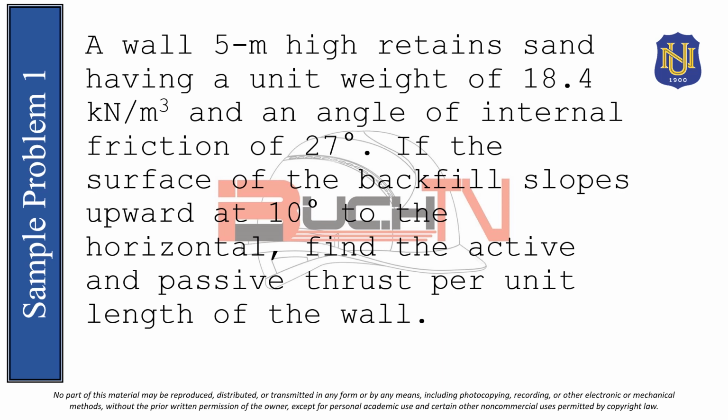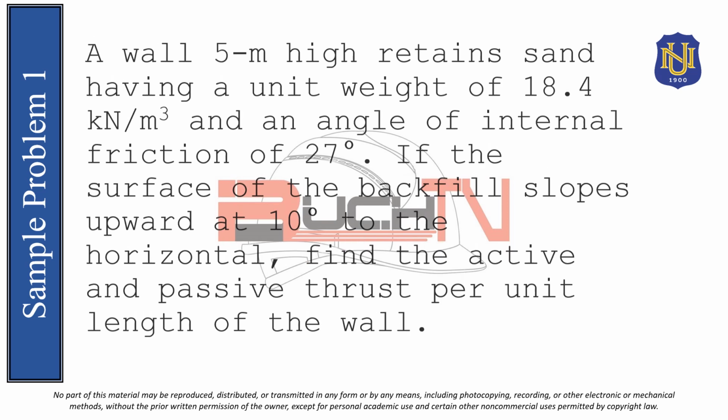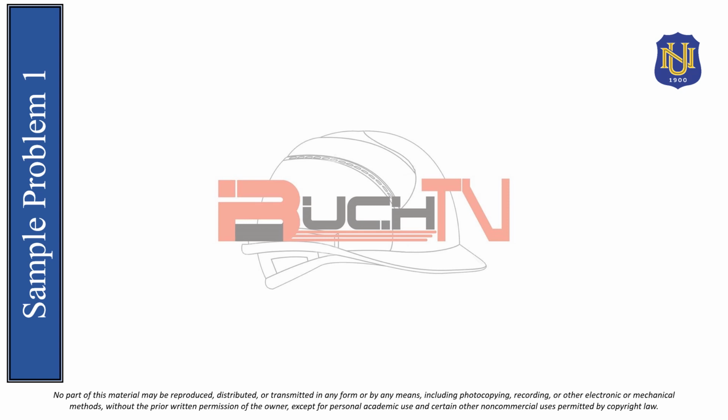If the surface of the backfill slopes upward at 10 degrees to the horizontal, find the active and passive thrust per unit length of the wall. So we will solve this sample problem in GRESA format, meaning that is a given, required, equation, solution, then answer.